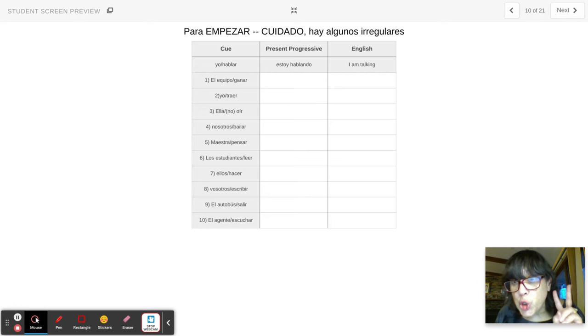Two, dos palabras. Estoy, some form of estar, and ando or yendo, depending if it's AR or ER or IR. And look for those verbs we just talked about. If you have a train wreck of vowels in the middle of your word, you probably did something wrong.